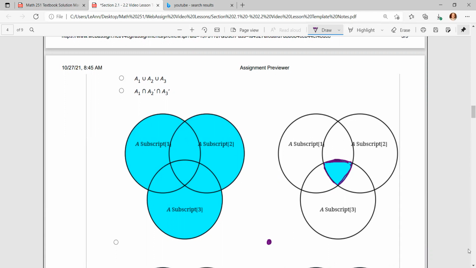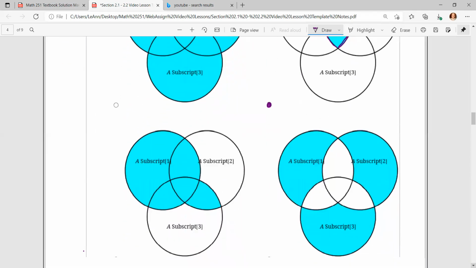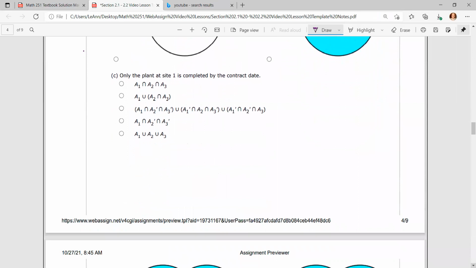All right, let's look at the next one. Only the plant at site 1 is completed by the contract date. So only site 1 means we have A1, but not A2 or A3.